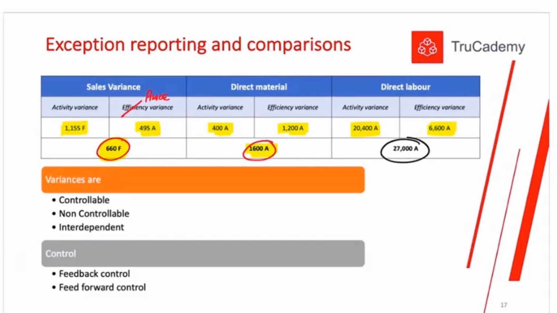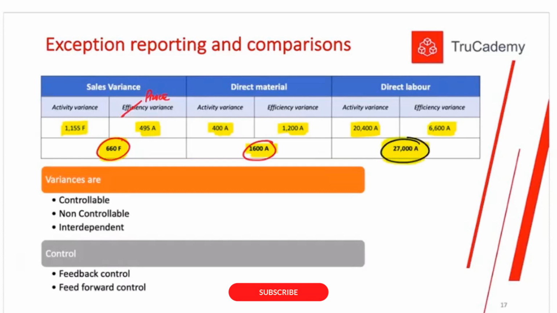So if I only see the sales variance, okay, performance is good, 660 favorable, it's impressive. But if I see the whole picture here, because to get 660 favorable, direct material got adverse, direct labor got even worse. Why? So what's the reason?